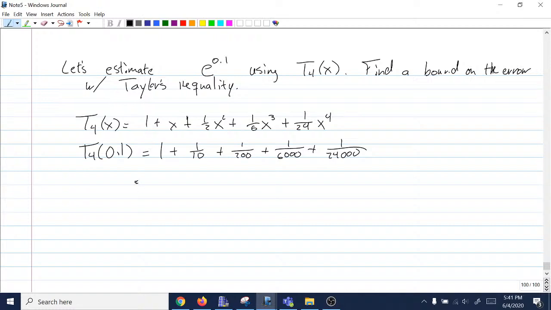I guess if I want a fraction here, I get a common denominator. These factorials are kind of nice because they usually give you the common denominator right away.